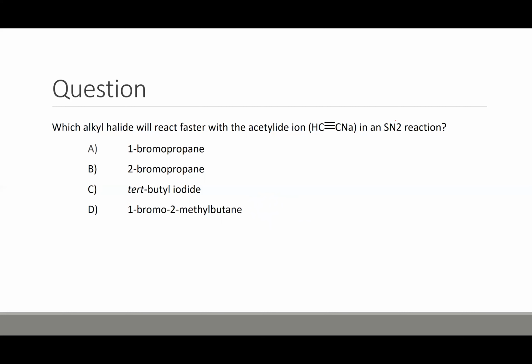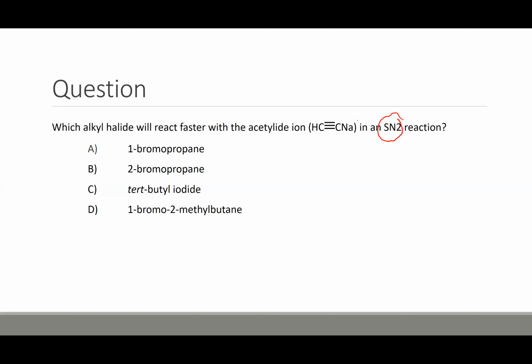So remember, this is an SN2 reaction, and as I just said, it is limited, the alkyl halides are limited to being usually primary or a methyl group, methyl halide, so that they are not sterically hindered during the SN2 reaction.